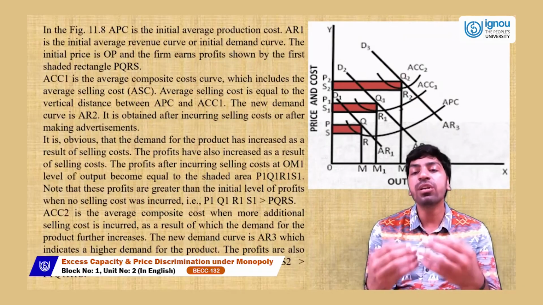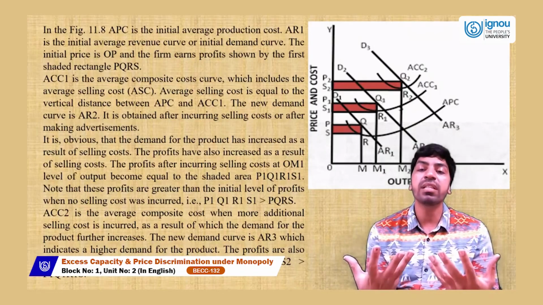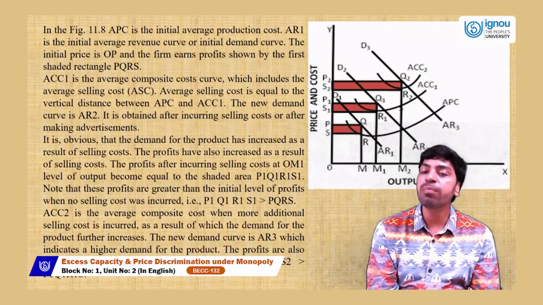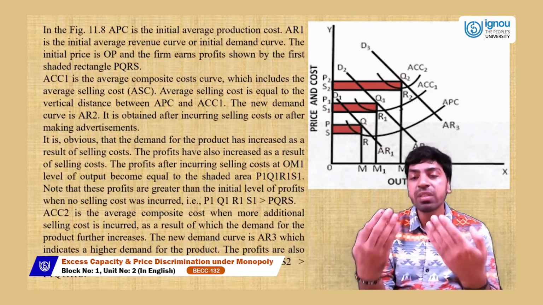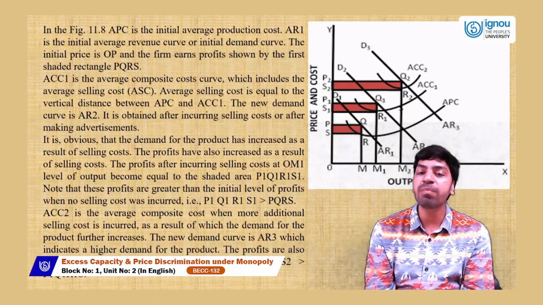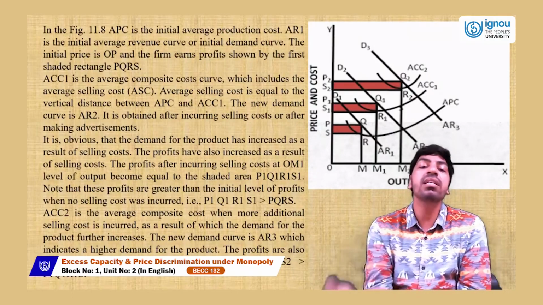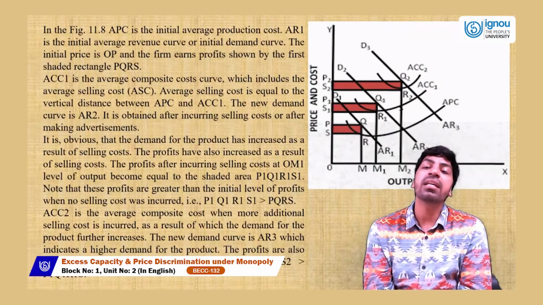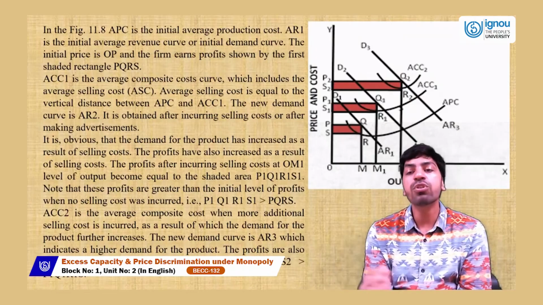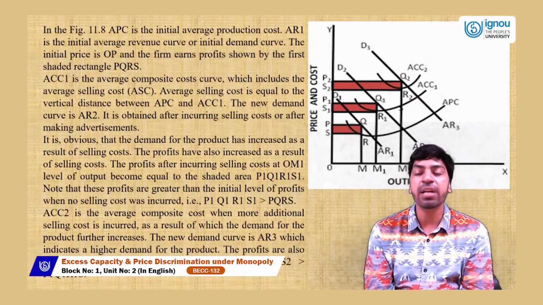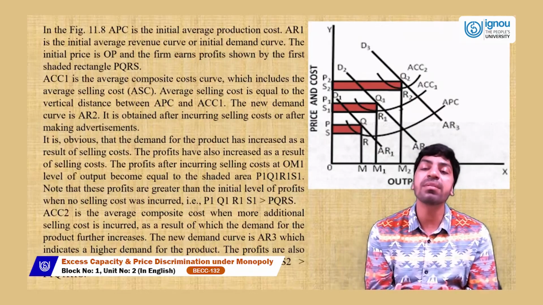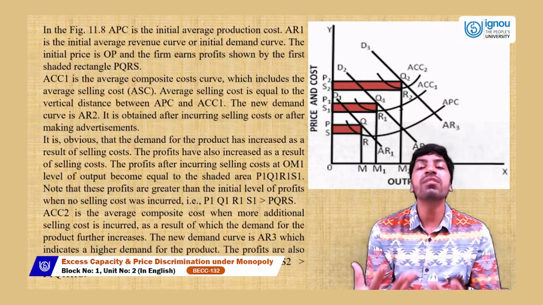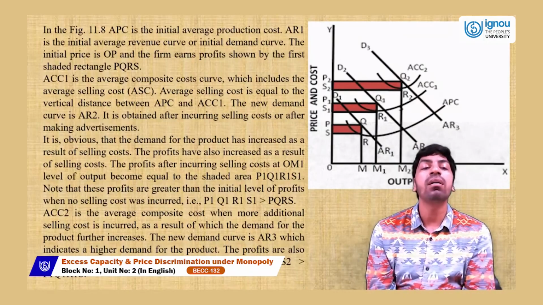These are higher than the initial profits when the firm has increased its advertising expenditure on the promotion of a particular product, and automatically it generates sales, and when sales are generated, profits are earned by the firm.